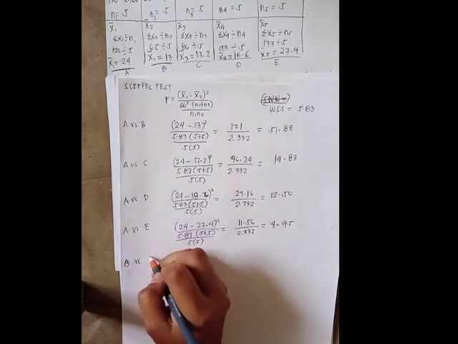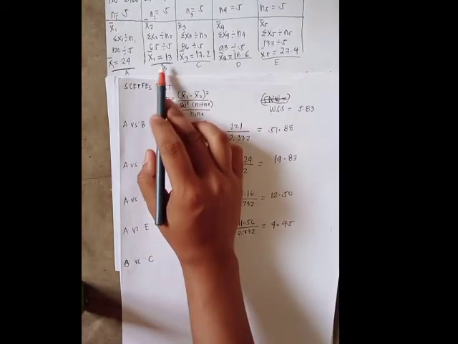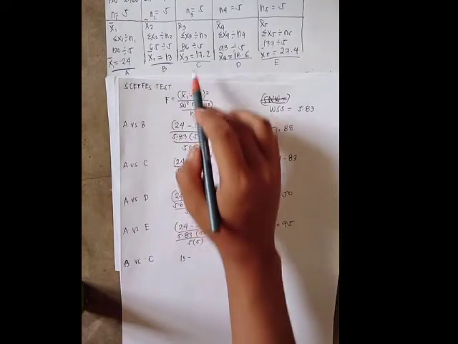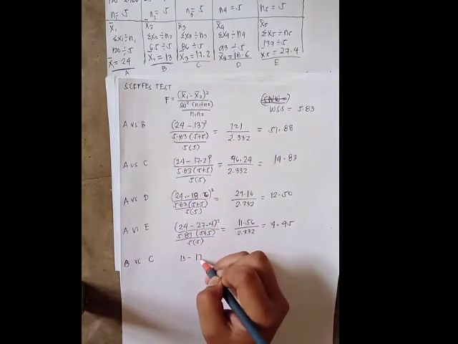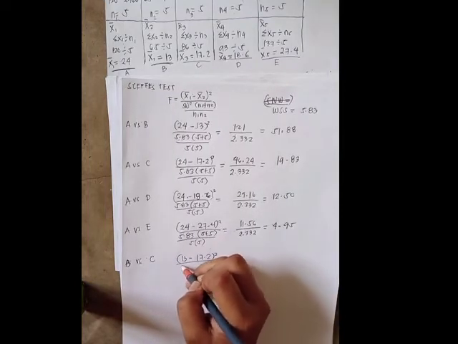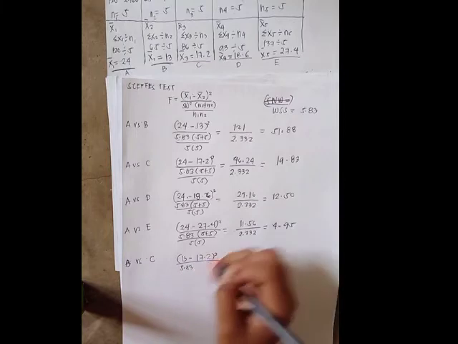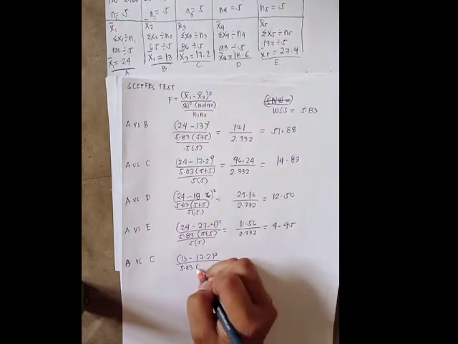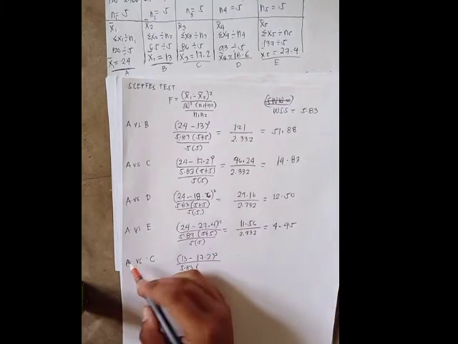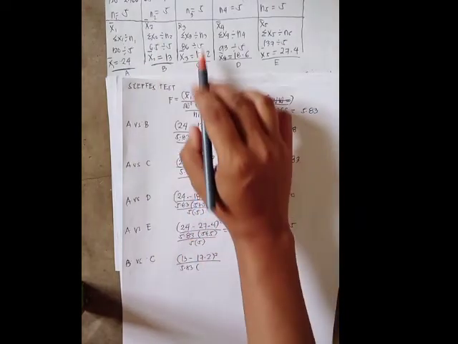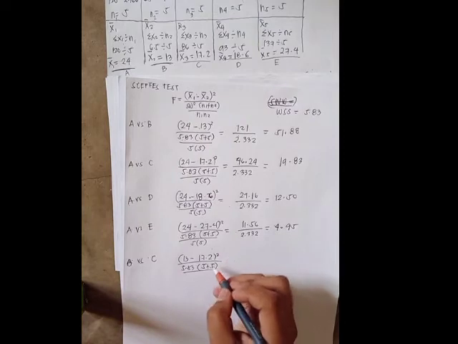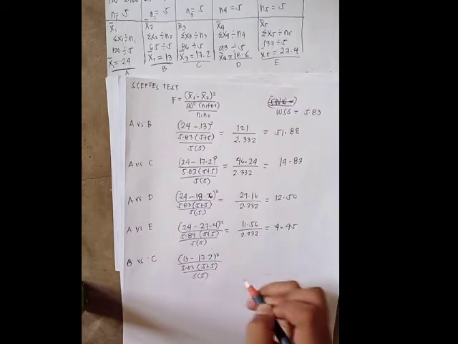Next, B versus C. Our B mean is 13, subtract our C mean, which is 17.2, squared, and divide by our within sum square, 5.83, multiplied by BN 5 plus CN 5, divided by 5 times 5.